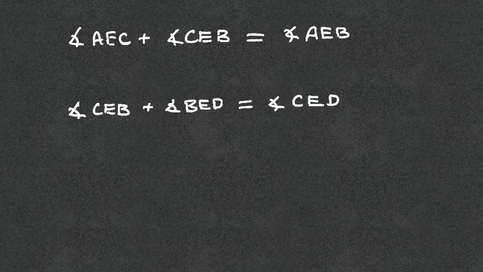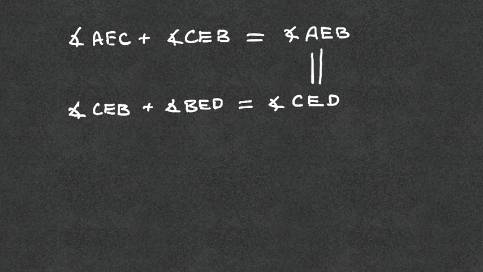And so what we have is that angle AEC plus angle CEB is angle AEB, and angle CEB plus our angle BED gives us angle CED, and now we also have that angle AEB is congruent to angle CED.